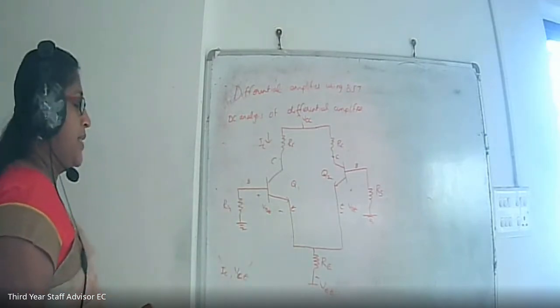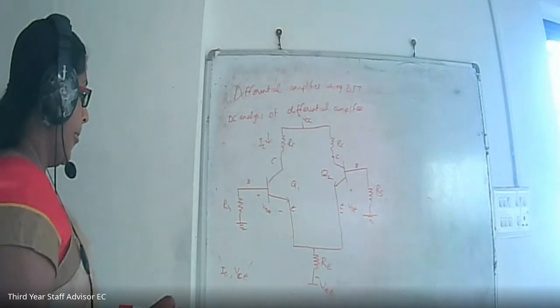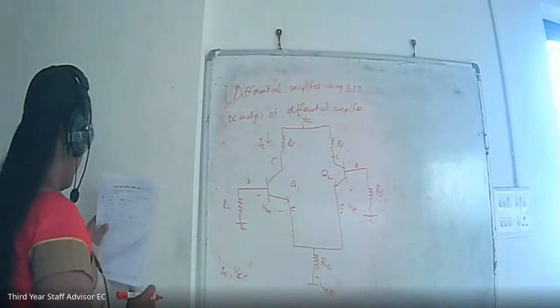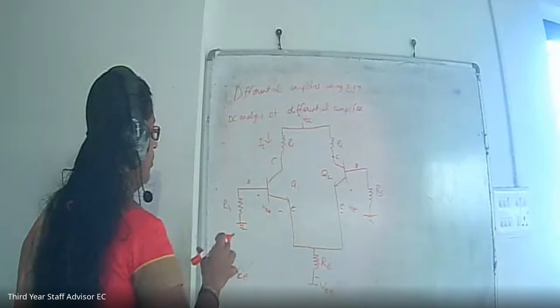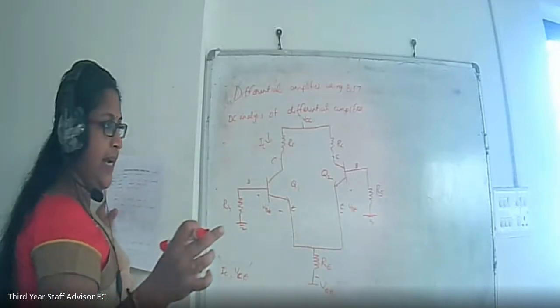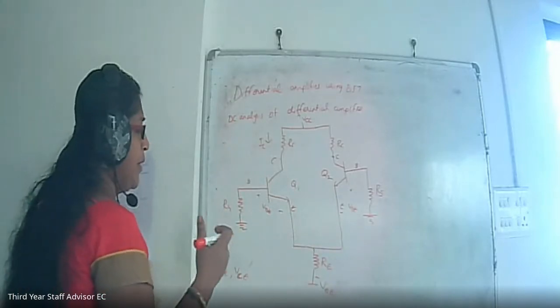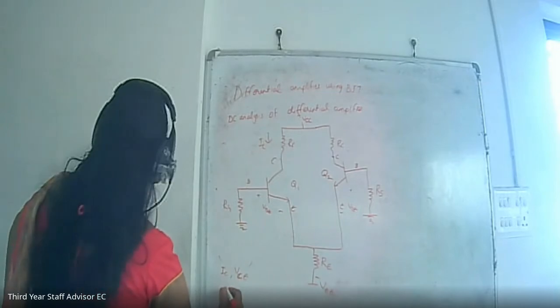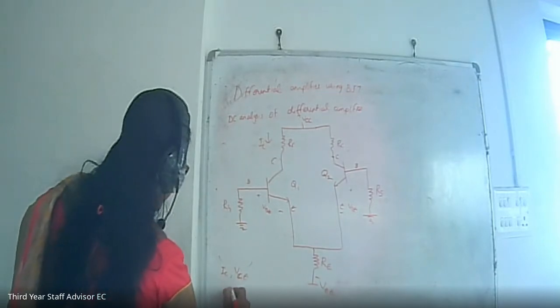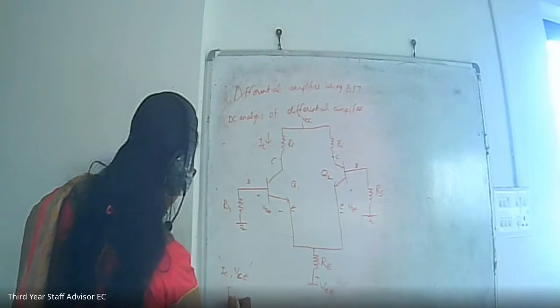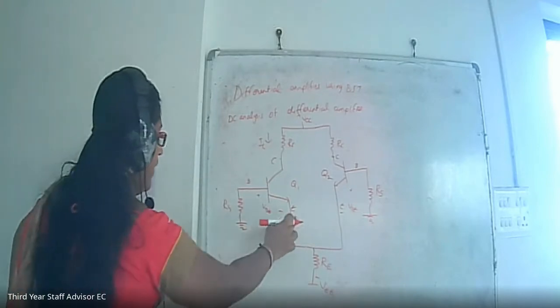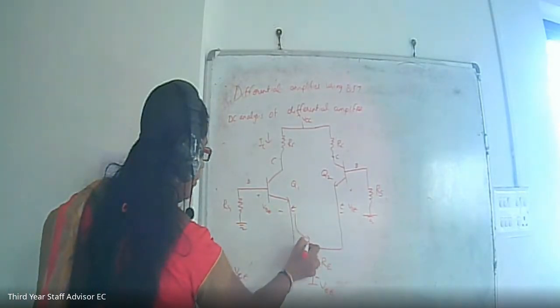Next, first of all, we assume that Q1 and Q2 are ideal. Then initially you can write, whenever Q1 and Q2 are ideal, the emitter current is the current flowing through this.